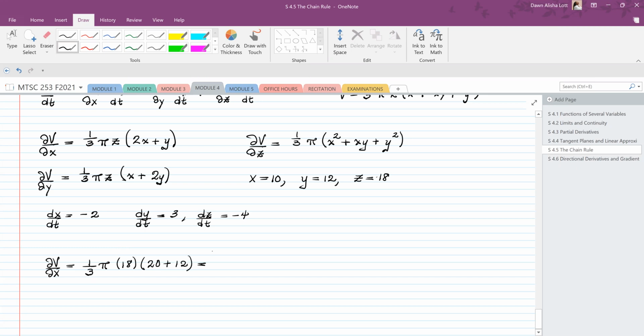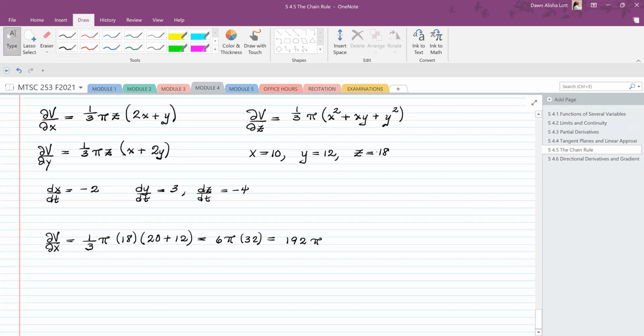So that's 6 pi times 32. 192 pi, I think. Yeah, 32 times 6 is 192. That's right. I had put the wrong number in my calculator by accident, but I had 32 times 6 in my head. That's why I had to check.